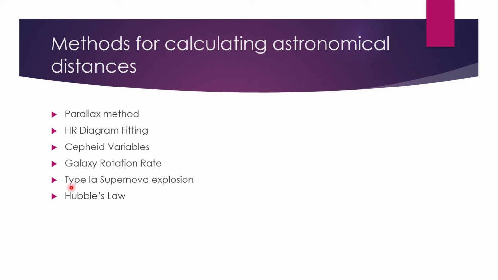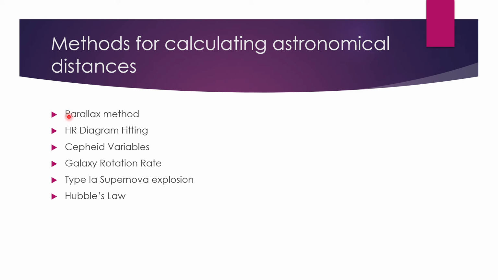But the bottom four methods, the Cepheid variables, galaxy rotation rate, type 1a supernova, and Hubble's law, can only be used to calculate distances to galaxies. When it comes to calculating the distances to stars, these methods cannot be used.